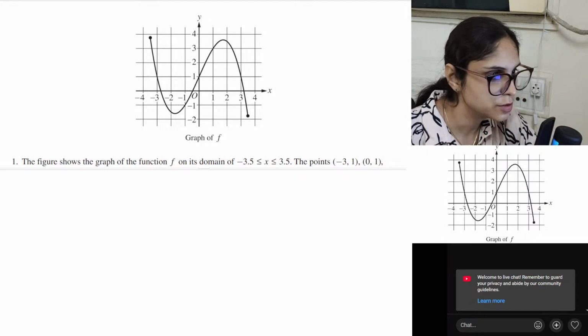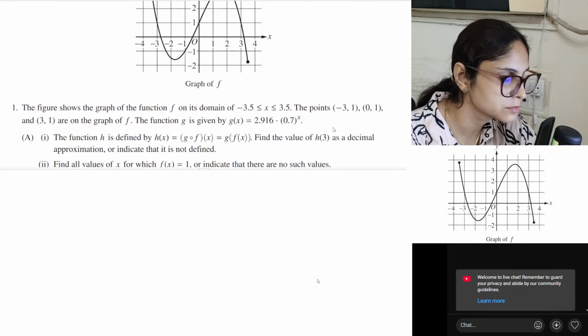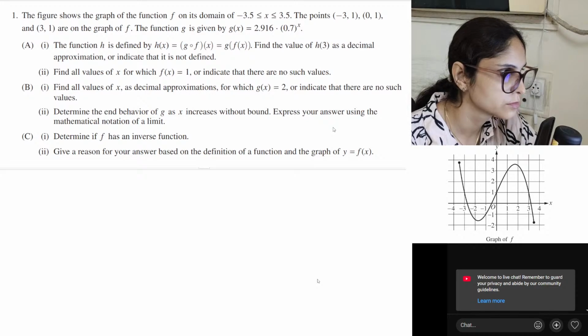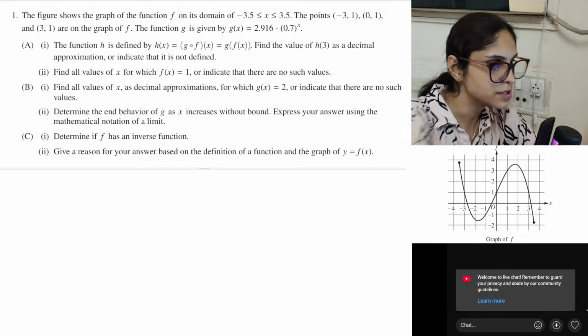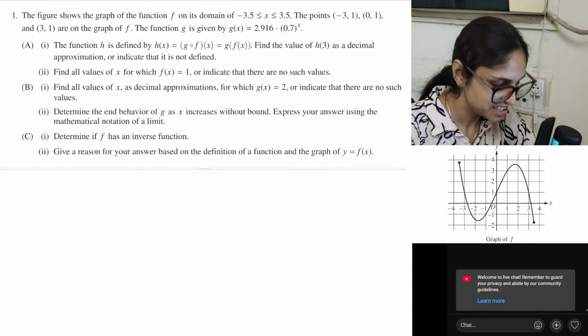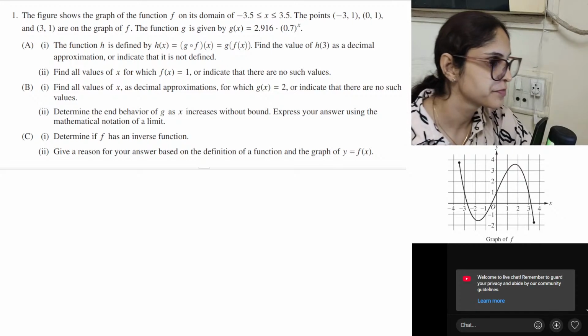Yeah, here we have the diagram and now we can see the question. All right, so this is the entire question. There's a diagram and we also have the whiteboard where you can write the answers.